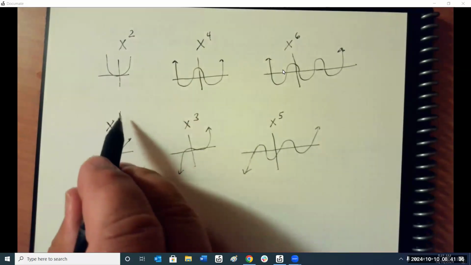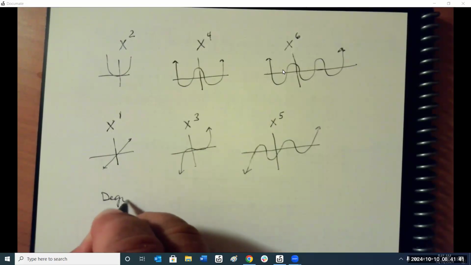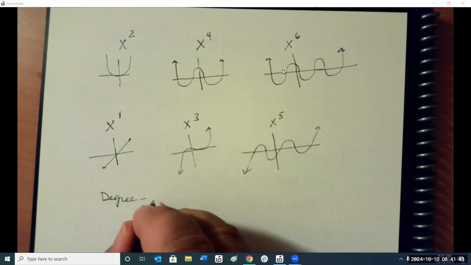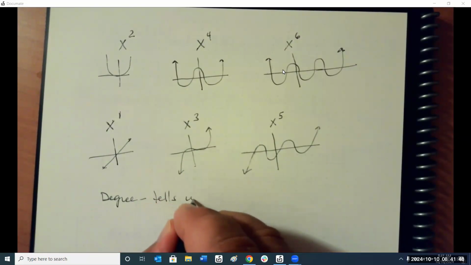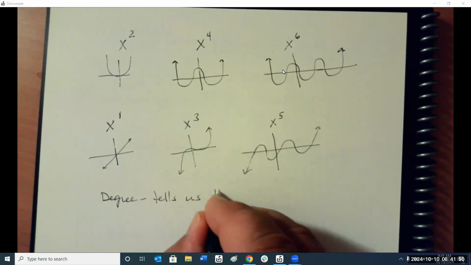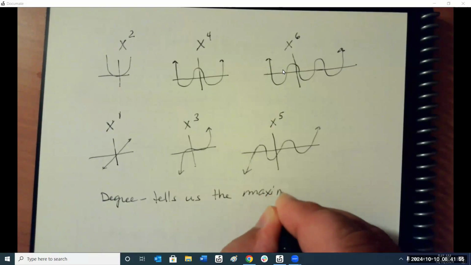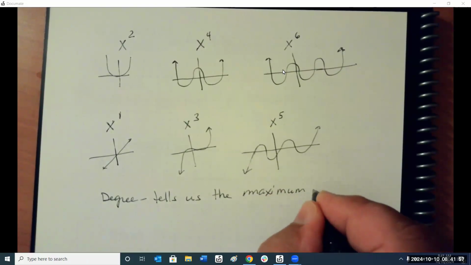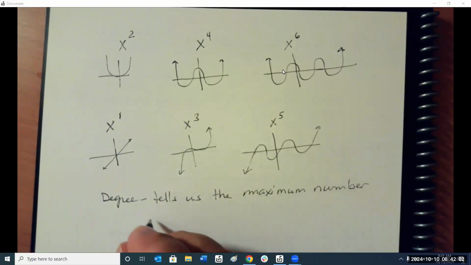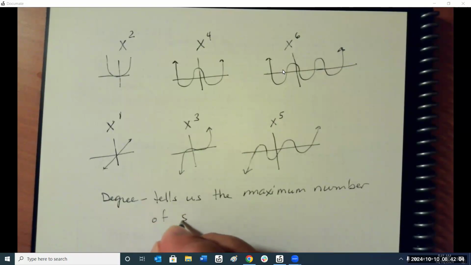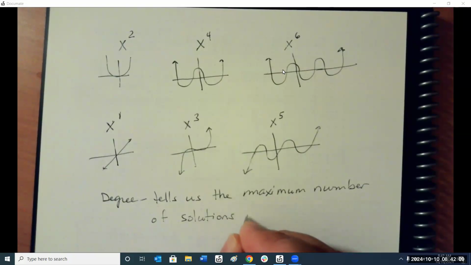The degree also tells us the maximum number of solutions possible.